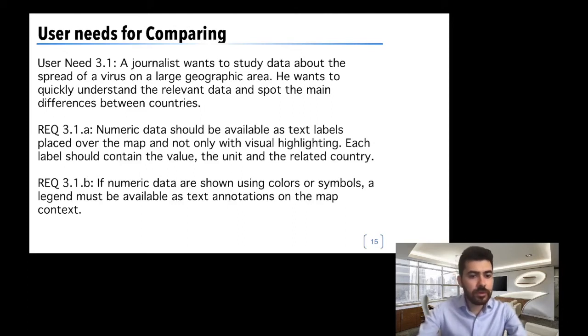And each label should contain the value, the unit, and the related countries. So all the data that the user needs in order to understand the big picture.